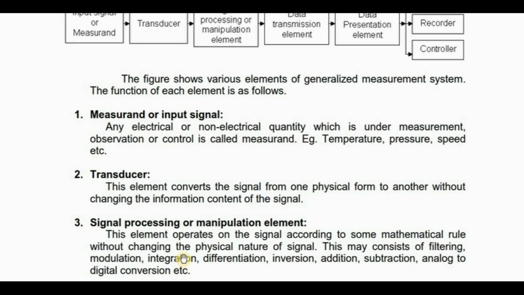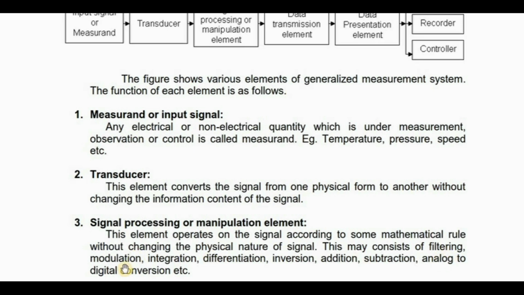It means whatever electrical signal is coming out of the transducer, we will give to the signal processing and manipulation element, and we will process that electrical signal. That processing can be any one thing. We are going to filter a certain signal, meaning we are going to remove unwanted frequency.